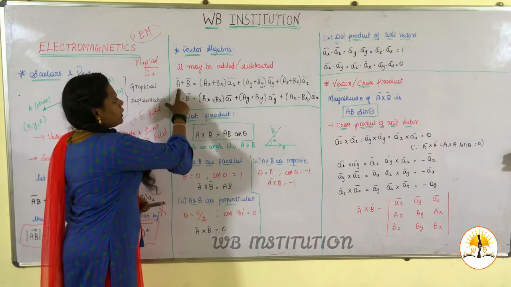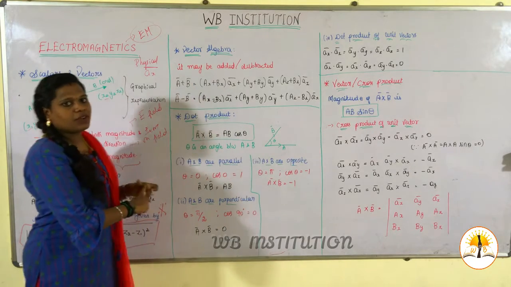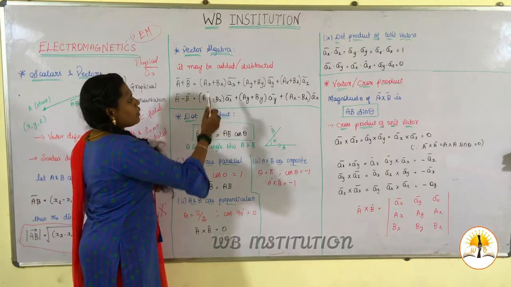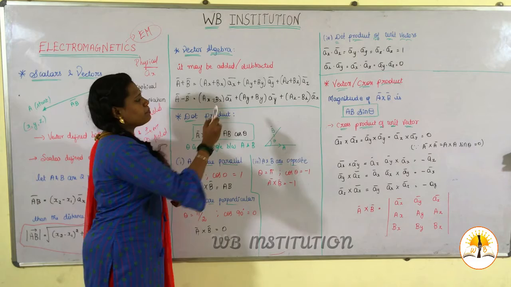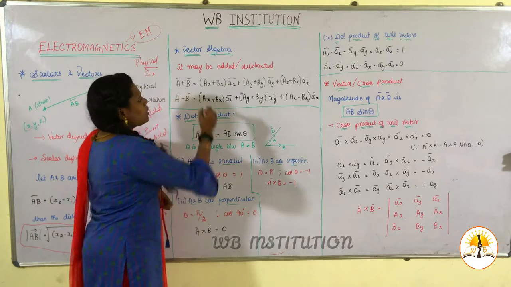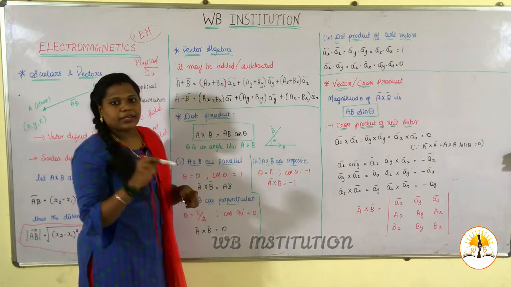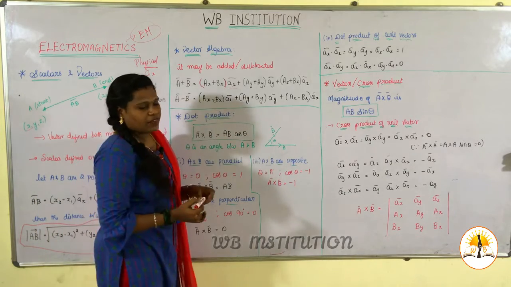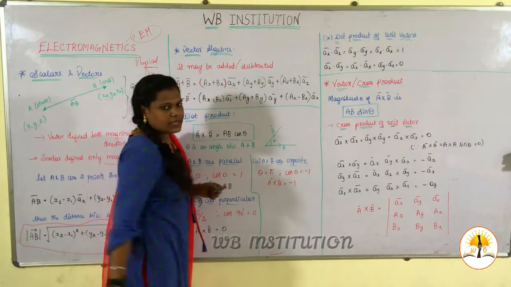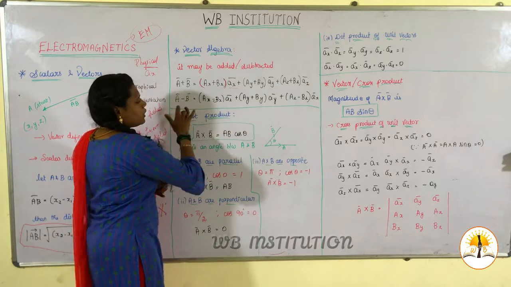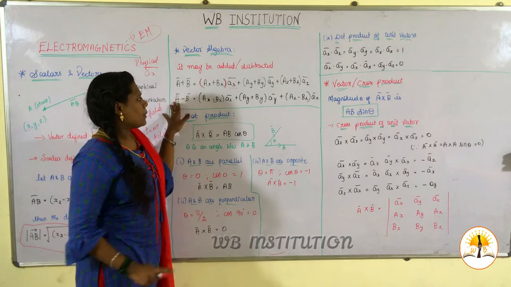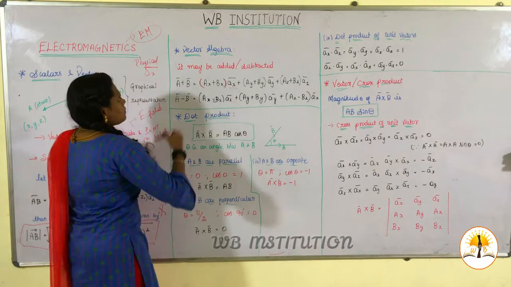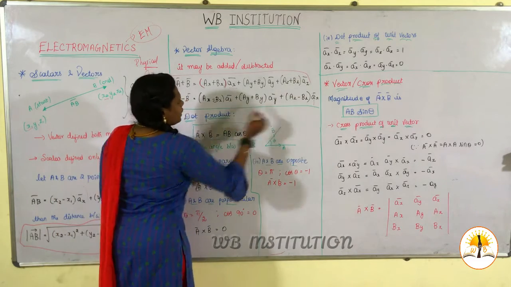For addition, A vector plus B vector: you take A suffix x plus B suffix x, which must be added and multiplied with the unit vector ax, and the same process for y and z. For the difference, which is subtraction, you replace the addition with minus. So this is vector algebra for addition and subtraction.